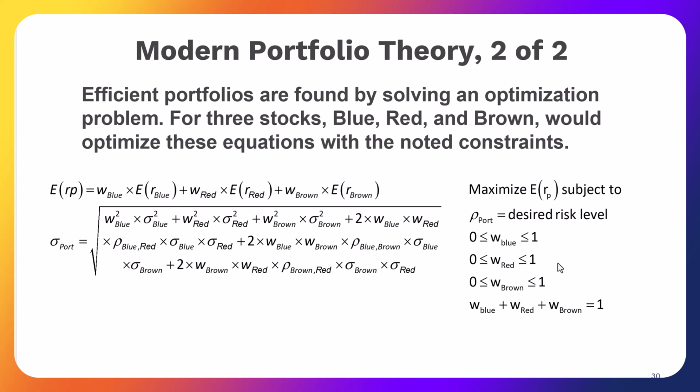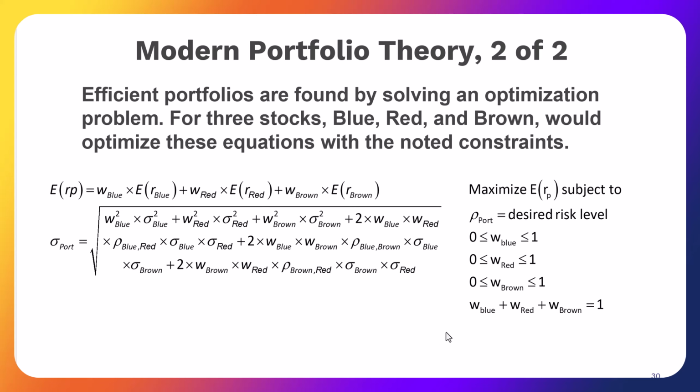But in solver, you set up some constraints. We want to find the maximum return at a certain level of risk. And the other constraints are the weights have to be greater than 0, less than 1, and the sum of all the weights has to be equal to 1.